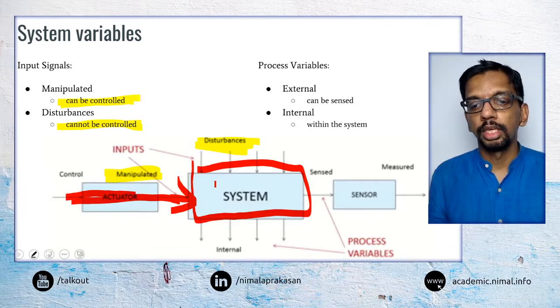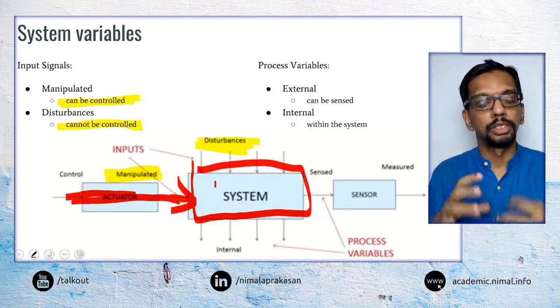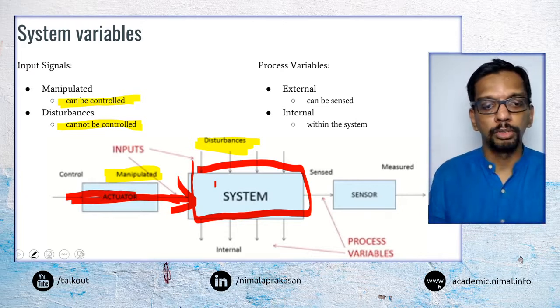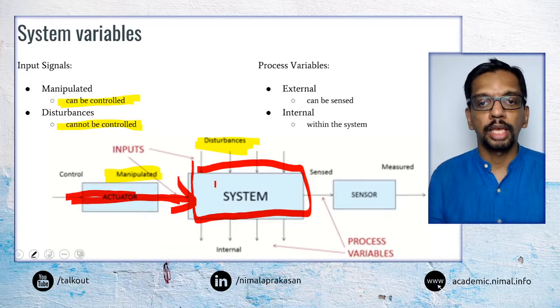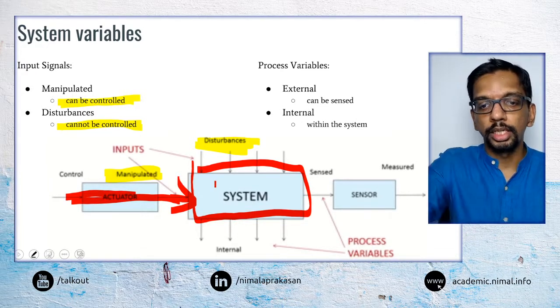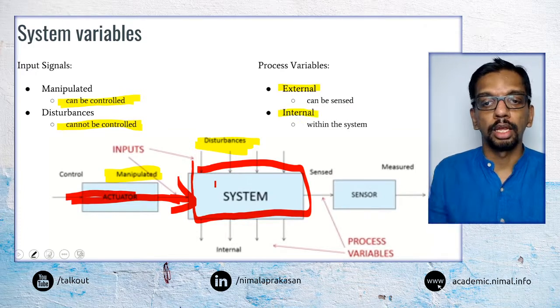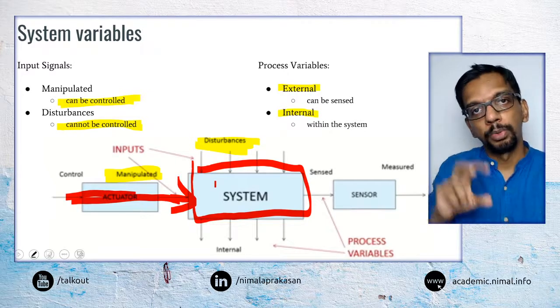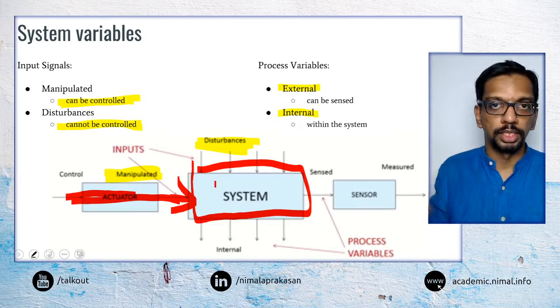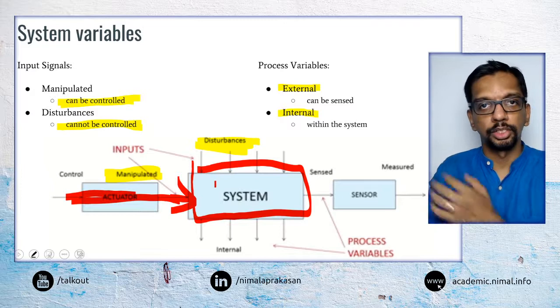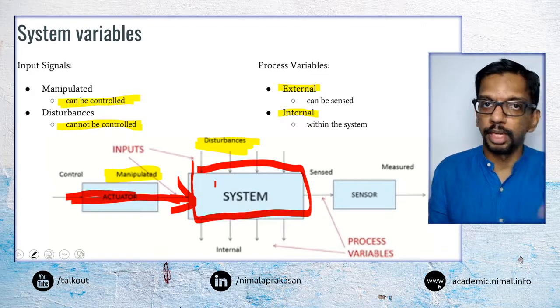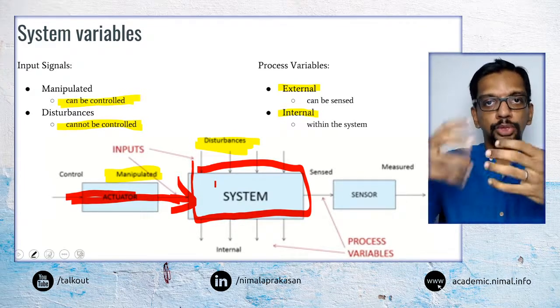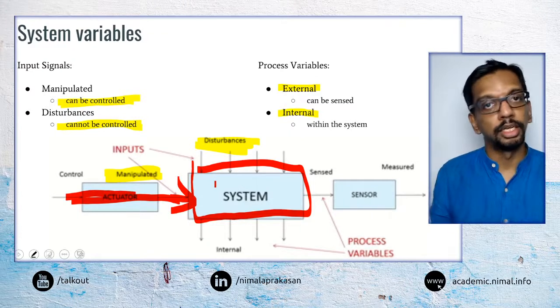Then when we think about outputs, the outputs produced by the system, again we can categorize them into two: external outputs and internal outputs. External outputs are produced as an outcome of the system, and we may have sensors to check that. Again, if we take the air conditioner, it is producing cool air and feeding it into the room.